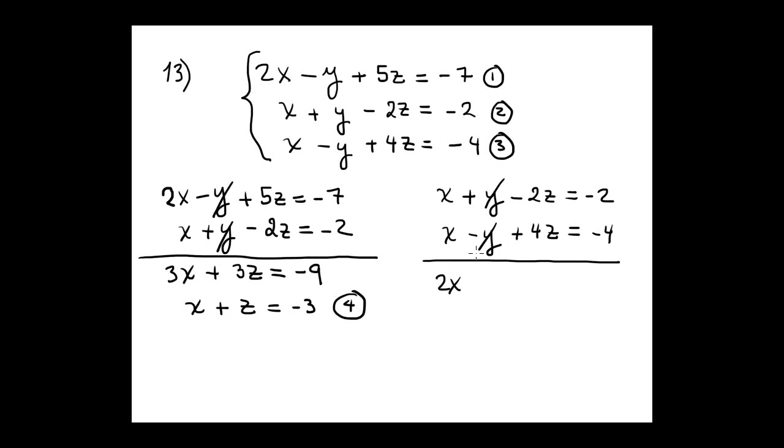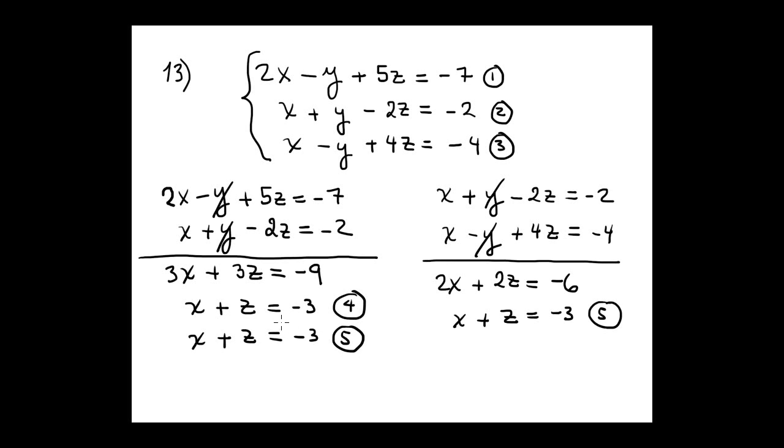One more time, y cancels out, plus 2z, because 4 minus 2 is 2, equals negative 6. Divided by 2, this equation is x plus z equals minus 3, and this is equation number 5. And you see equation number 5 and equation number 4 are exactly the same. It's obvious then that we expect infinitely many solutions.